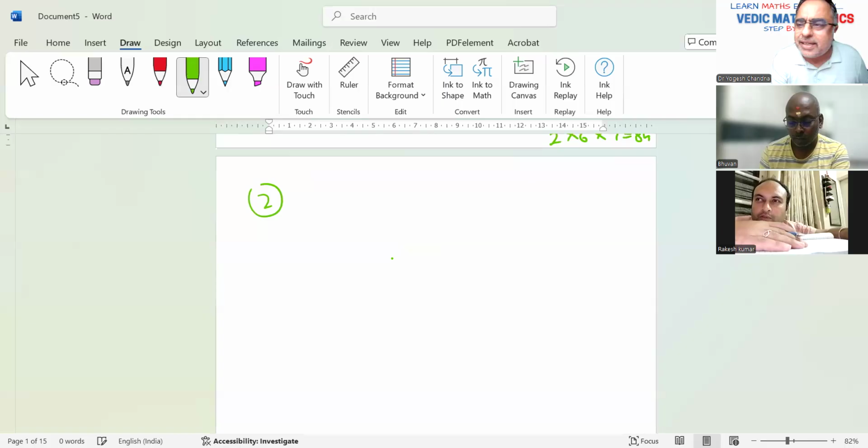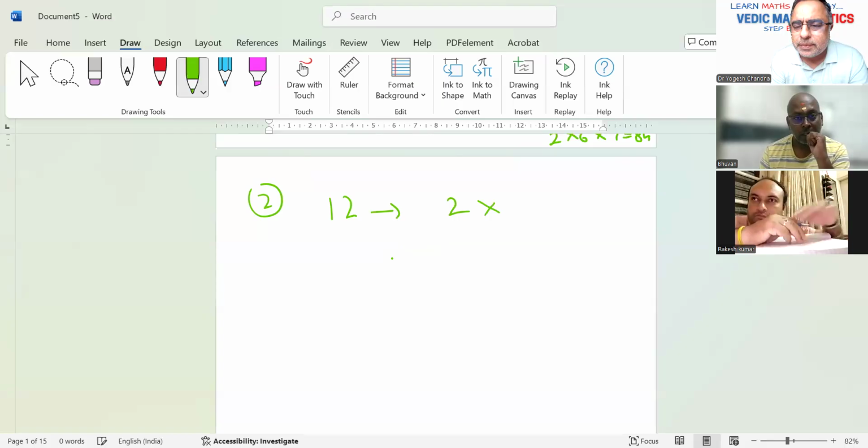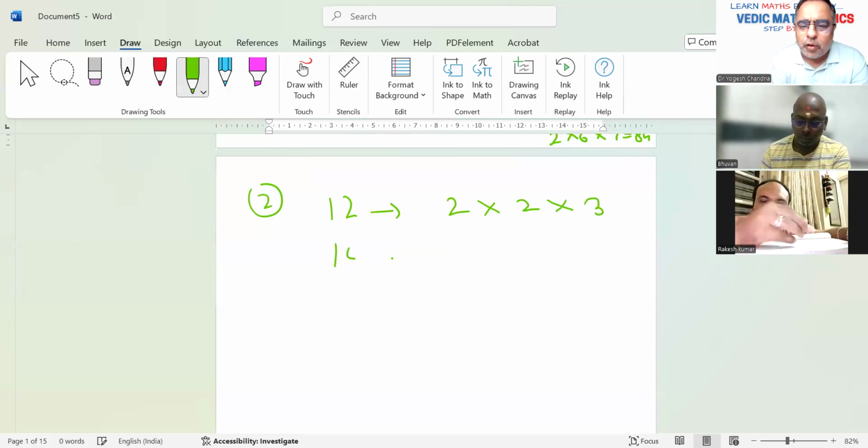Now the second method is factorization, what we just did. So generally we do 2 into 6, so it's 2 into 2 into 3. 14 is 2 into 7.